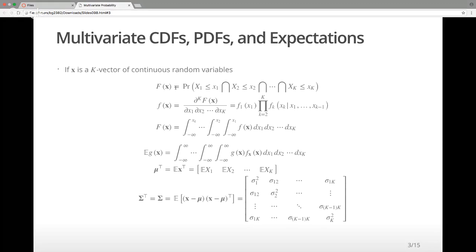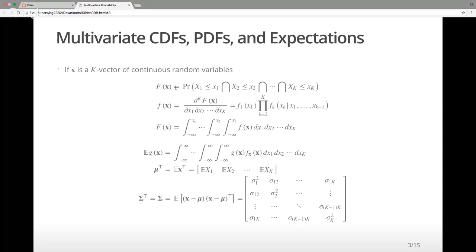So in general, we can write that as a marginal distribution for the first random variable times the product of k minus 1 conditional PDFs, where each one of those is a conditional PDF for the little kth random variable given all the random variables that have come previously. This is sometimes called the telescopic form of a multivariate PDF.